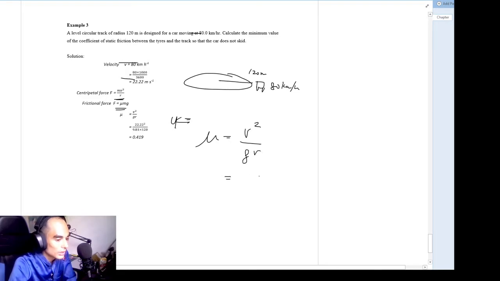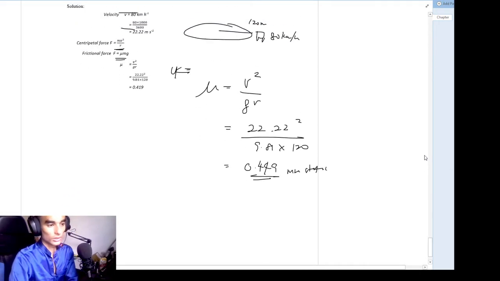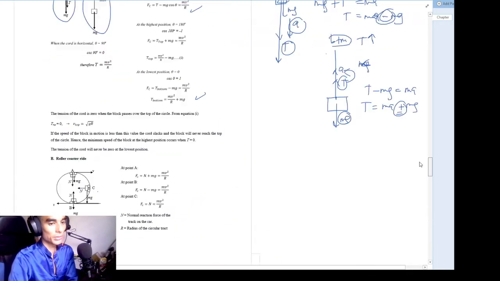So 22.22 squared divided by 9.81 times 120, then you have 0.419. That is the minimum static friction to make sure the car does not skid. I think this is the whole thing of the centripetal.